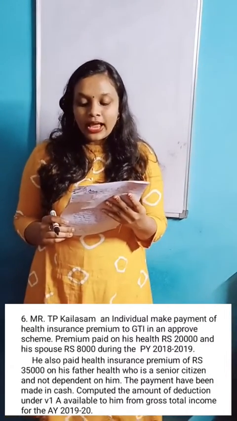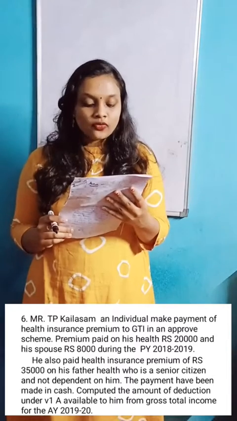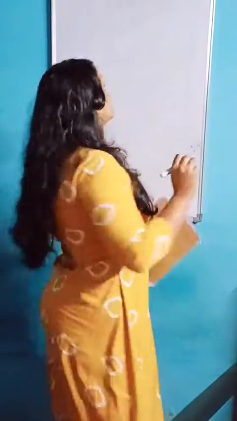He also paid health insurance premium of rupees 25,000 on his father's health, who is a senior citizen and not dependent on him. The payment has been made in cash. So compute the total of deduction under Chapter 6A available to him from gross total income for the assessment year 2019-20. So let's do the problem.